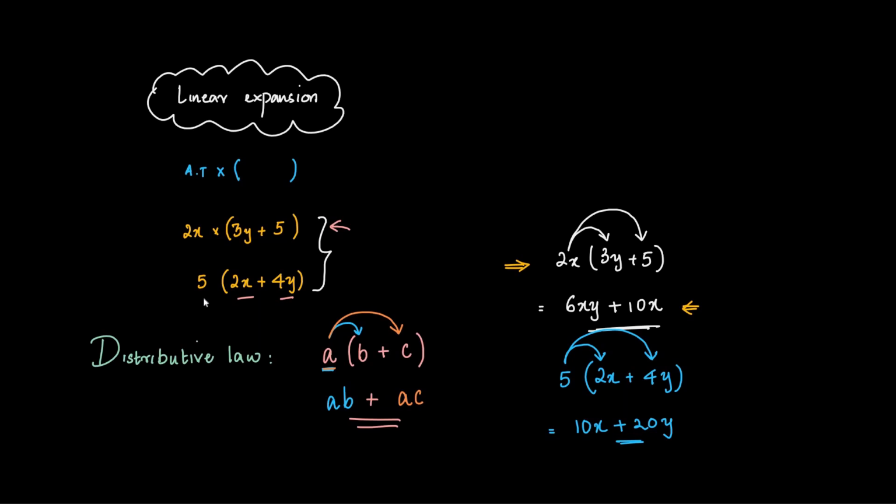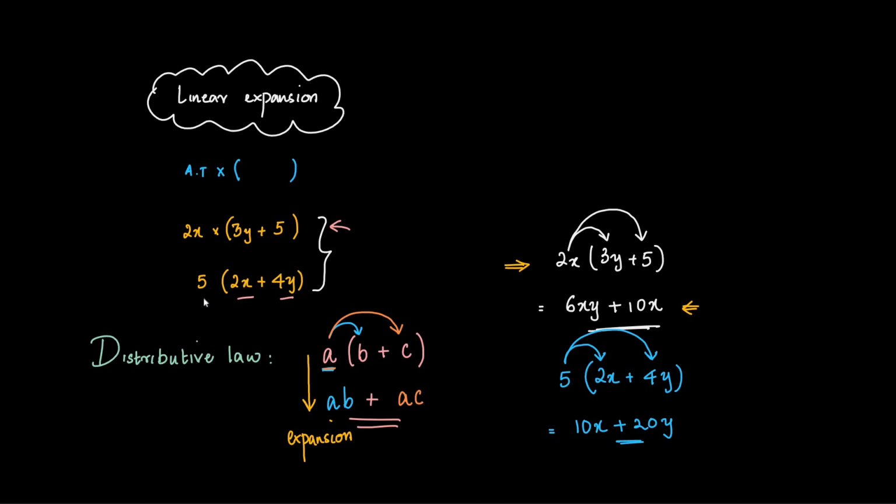So in factorization, what we'll be doing is finding a way to put the expanded expressions back into their bracket form. If we take this same distributive law example here, the process of going from a times b plus c within brackets to ab plus ac, from here to here, is what we called expansion.